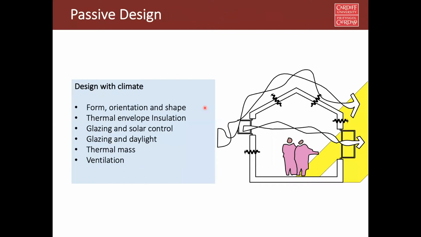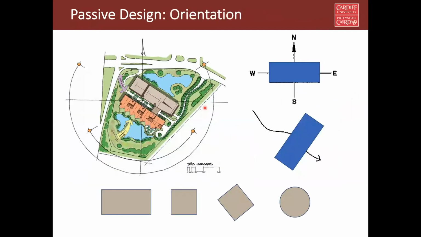Now, many of you know about the passive design measures, so I'll just skip through the slides very quickly. One of the key things of passive design measures is to respect the site and respect the sun path. That is really, really important. So the building orientation will respect the sun path and the wind flow on the site.